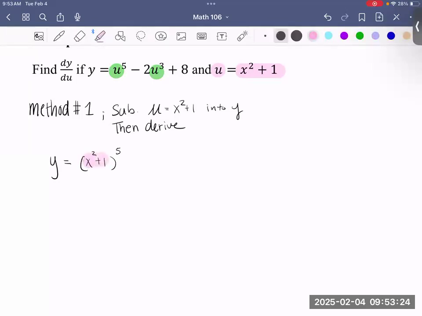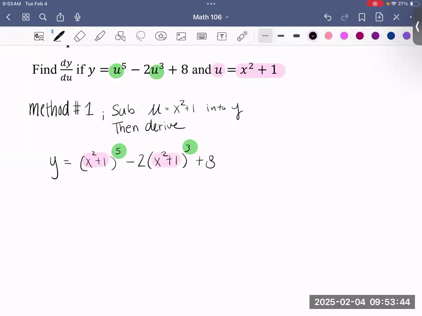So you can see that we've now inserted your u. We're creating a composite function. We haven't derived quite yet. Do the same thing to the other u, x squared plus 1 to the third, plus 8.